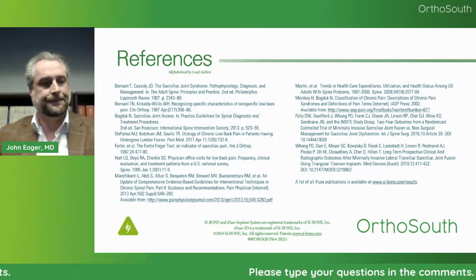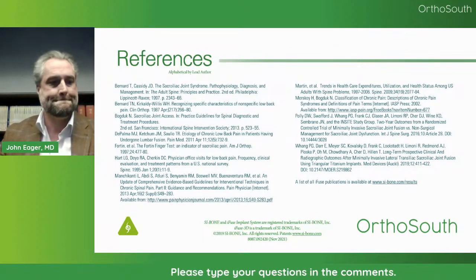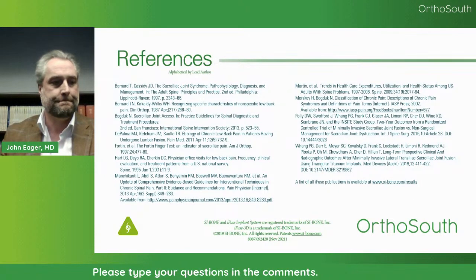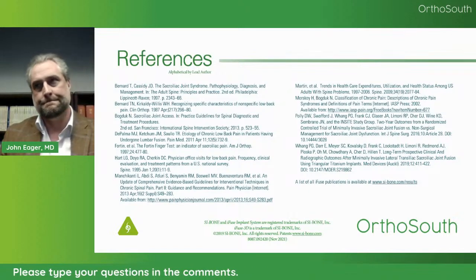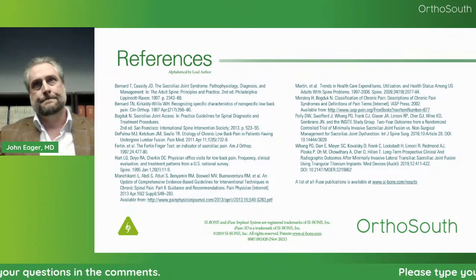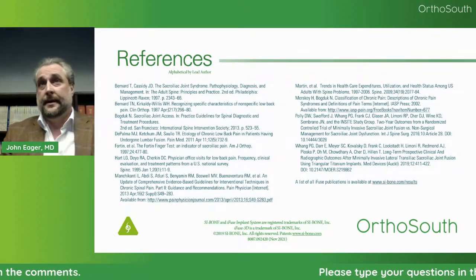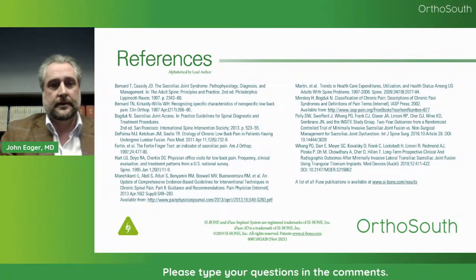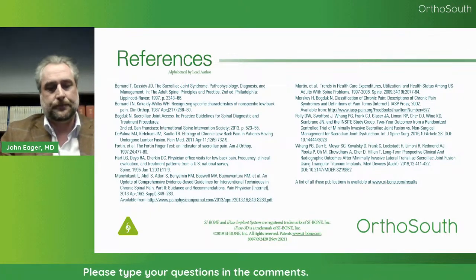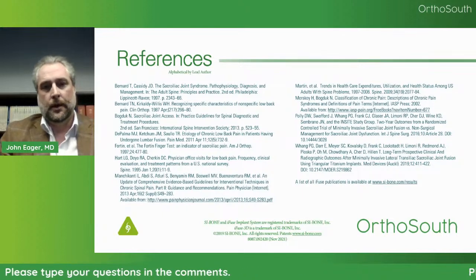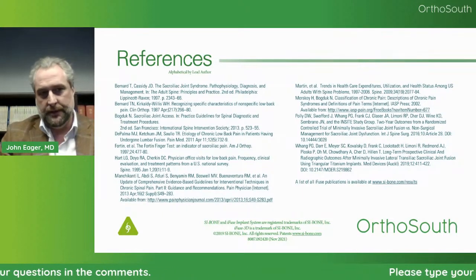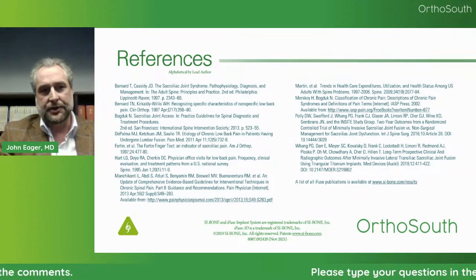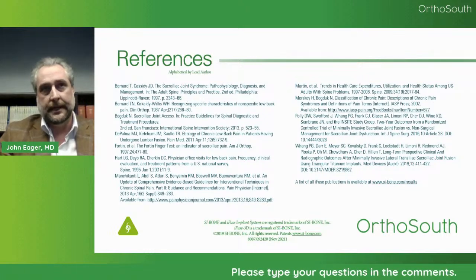Sure, go ahead. How do different comorbidities such as osteoporosis or rheumatoid arthritis affect treatment choices or outcomes for SI joint dysfunction? Yeah, those are big ones. Osteoporosis significantly affects the quality of the bone, what we're able to achieve with any fusion, increased risk of fractures, implant loosening.